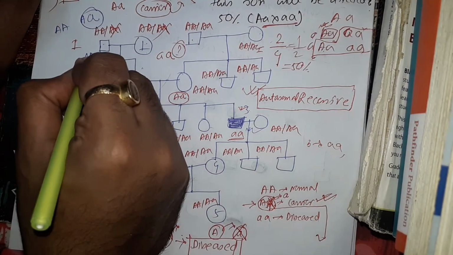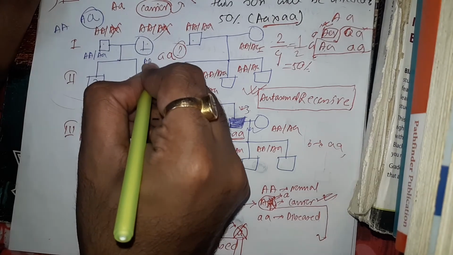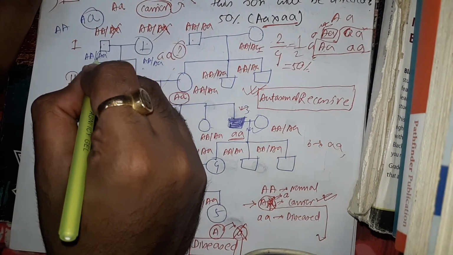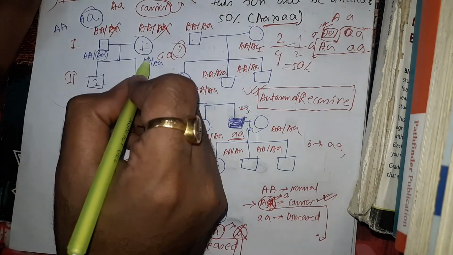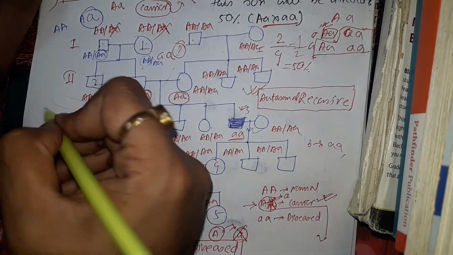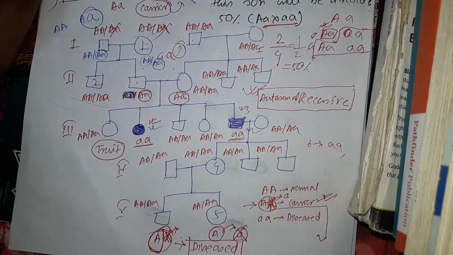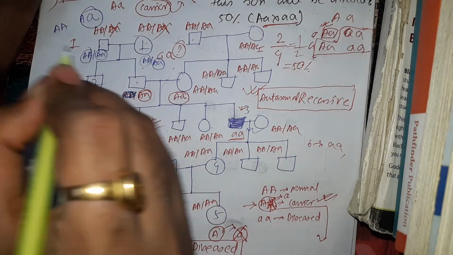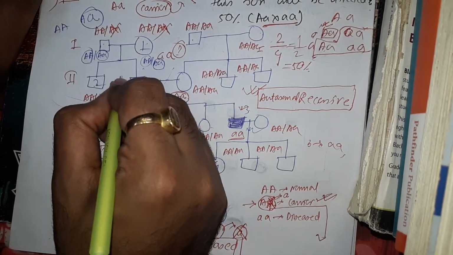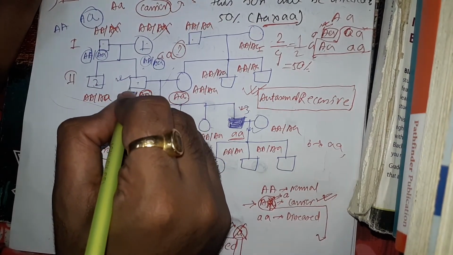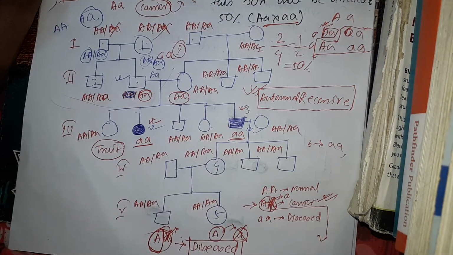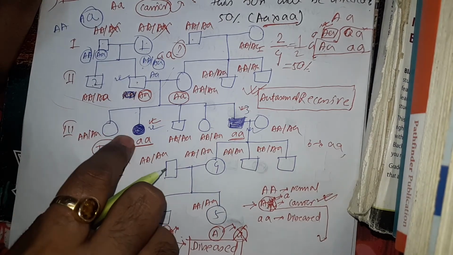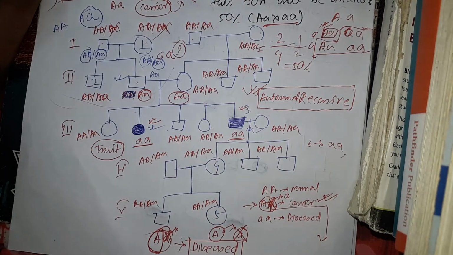So the answer is both are possible, but the condition is, if the father has small a, then the mother will have capital A capital A, and if the mother has small a, then the father will have capital A capital A. This is the criteria, and if it is fulfilled, then there is a chance that this male has genotype capital A small a, and this again mated with capital A small a, and that is the reason they have small a small a, right? Now let's come here.